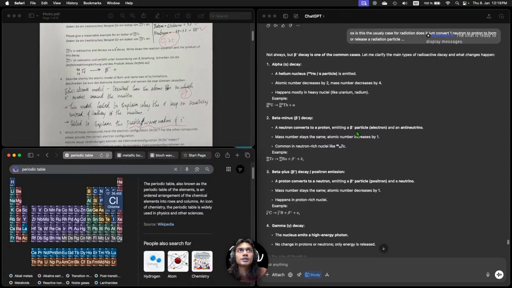Electron emitting a beta minus particle and a neutrino. Emitting beta minus and an anti-neutrino.